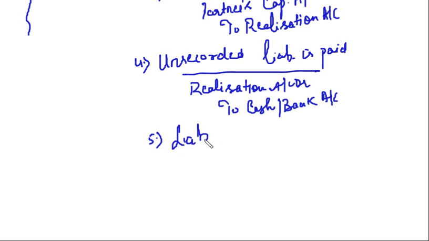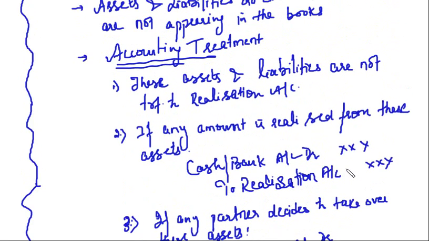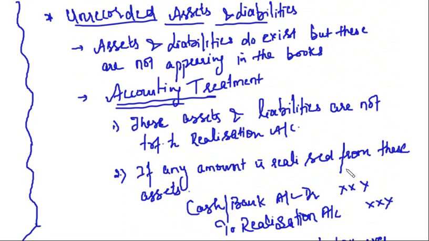Liability taken by partner. Then the journal entry will be realization account debit to partners' capital accounts. Clear, friends?